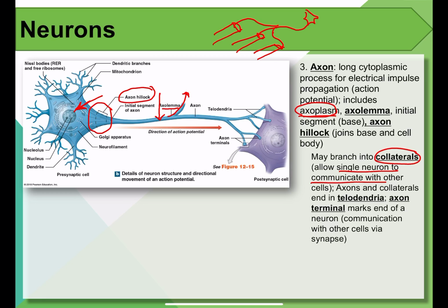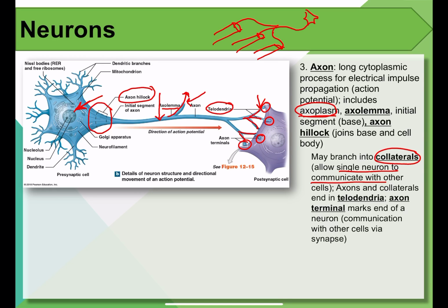Okay, and axons and collaterals will always end with what's called telodendria. Telodendria are these branches. Don't confuse collateral with telodendria. Telodendria is close to the end of the axon and is almost directly next to the axon terminal, like that right here. So all of these here are the telodendria.